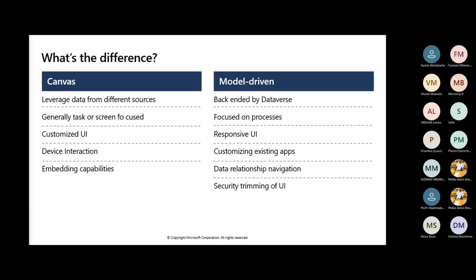And then with Canvas, you can consume data from anything, from your SQL, from your SharePoint, from Dataverse itself, from Excel Online. You can connect to that data. But with model-driven app, it's only Dataverse.